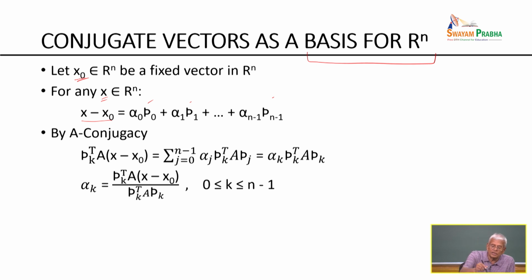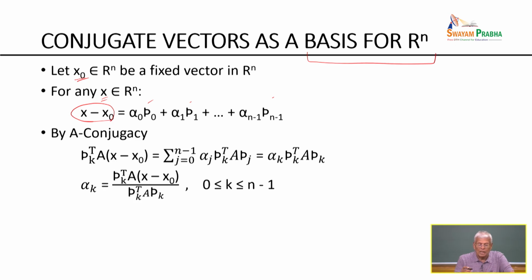So by fixing x0 and varying x, I can get a variety of vectors in Rn. These vectors have a natural representation in the original basis. Now I would like to change the representation to the new basis given by the A conjugate vectors p0, p1, pn minus 1.